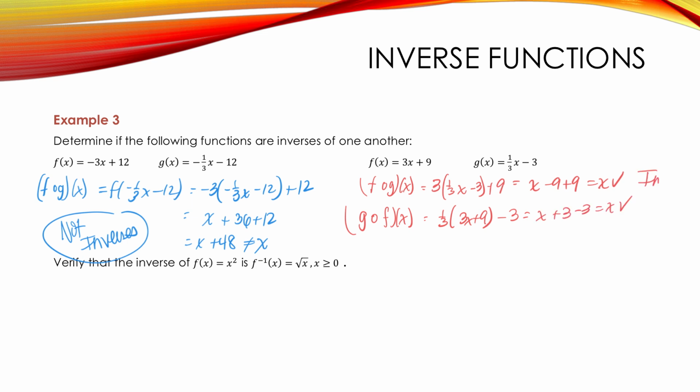Both are satisfied, so these are inverses, which means that if f of x is 3x plus 9, then f inverse of x is g of x, which is 1/3 x minus 3. And we could also say if g of x is 1/3 x minus 3, then g inverse of x would be 3x plus 9. So kind of cool how that all works out.